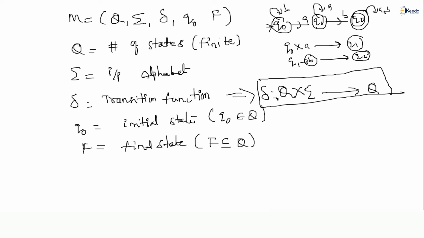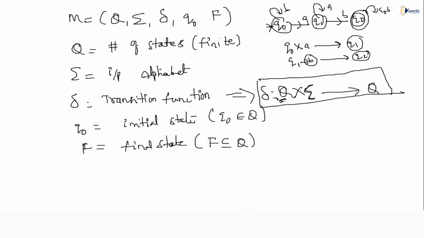Q2 is again a state only, correct or not? So I am taking a state and an input symbol, then moving to a state only. This is the transition function. At each state, I am taking an input symbol from the alphabet, A comma B, both will be there, and moving to a state only. So this is called the transition function.